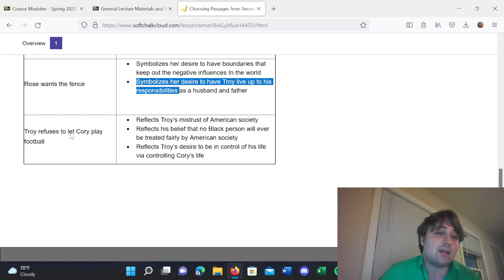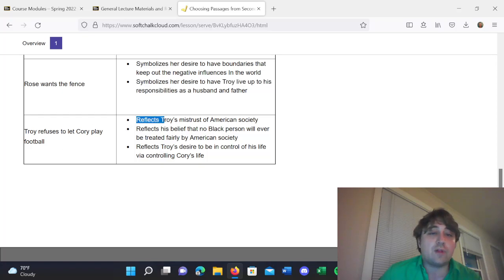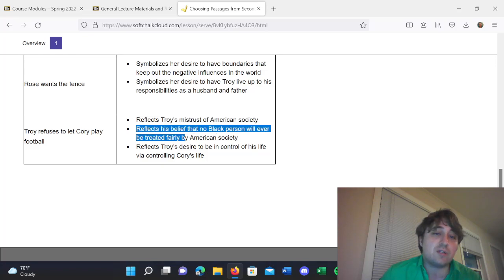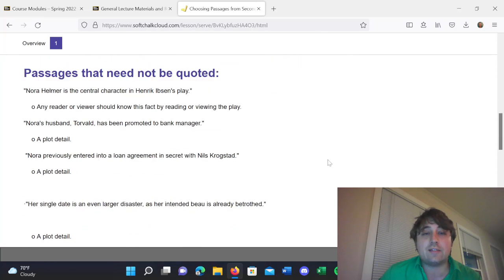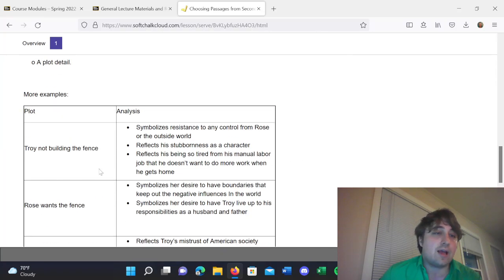Well, we can analyze this as it reflects Troy's mistrust of American society, reflects his belief that no black person will ever be treated fairly, reflects his desire to be in control of life. So these are some ways down here of how you can talk about the plot and what it means to the greater themes, right?